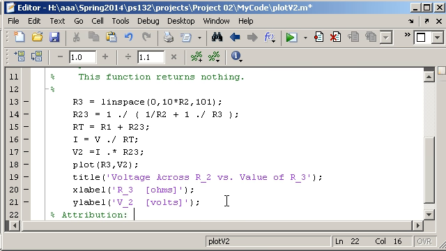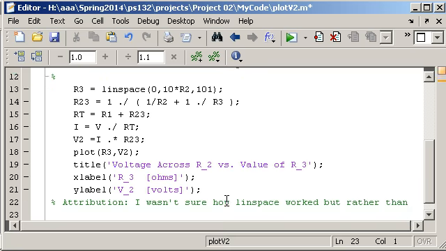I don't know, I think, write, tell me a story. I think I'm going to say I wasn't sure linspace worked, but rather than look it up, I experimented with it at the command level.